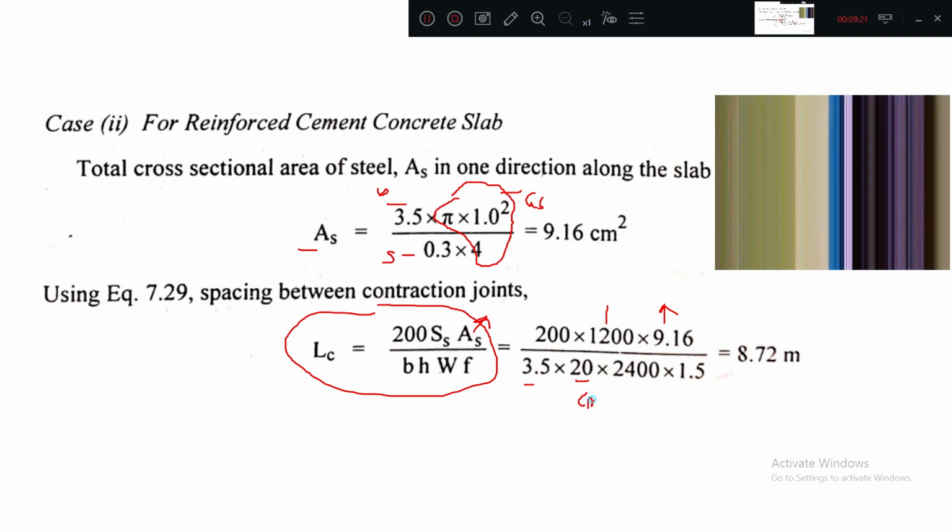This is the unit weight of concrete, and this is the frictional coefficient. AS is in centimeter square, H is in centimeter, but width is in meter. You remember these points. The answer is 8.72 meters.